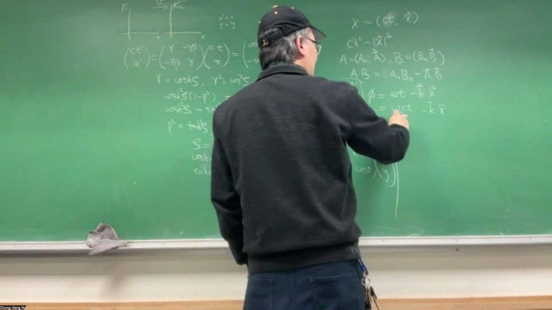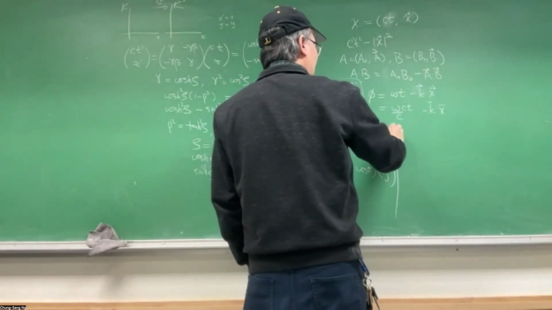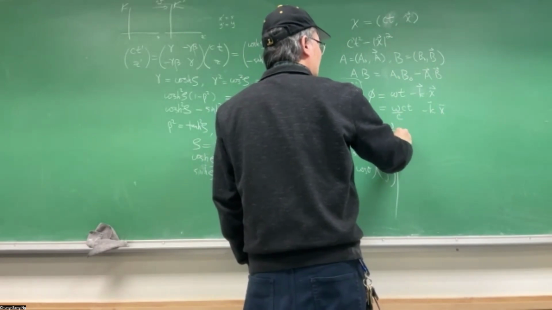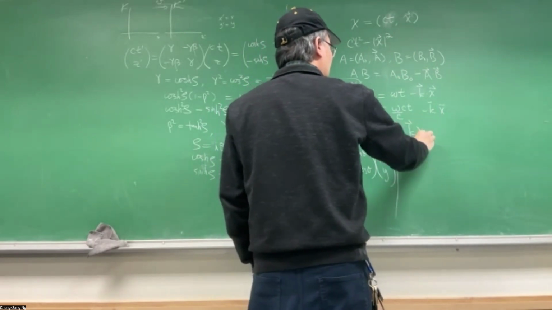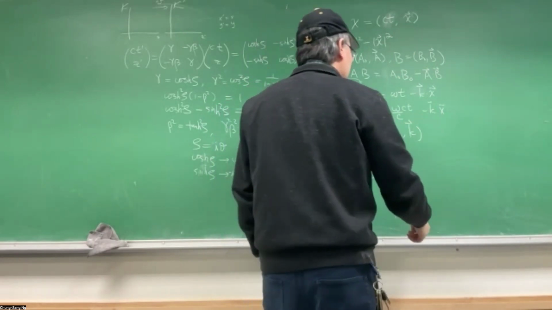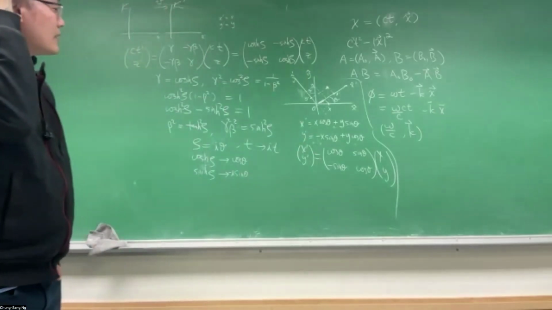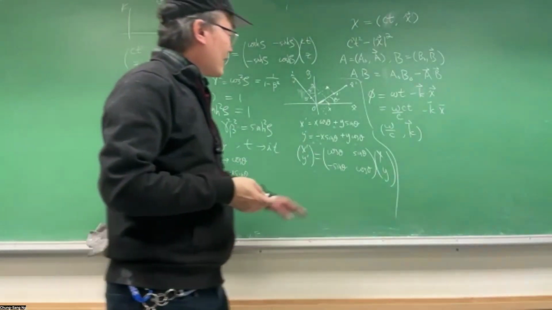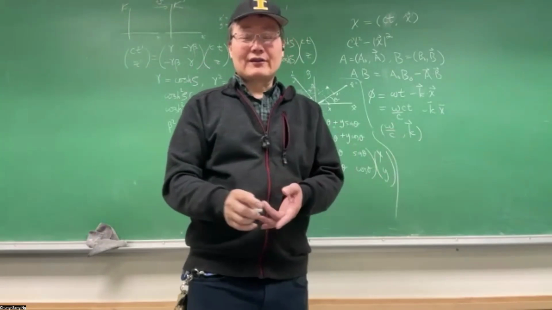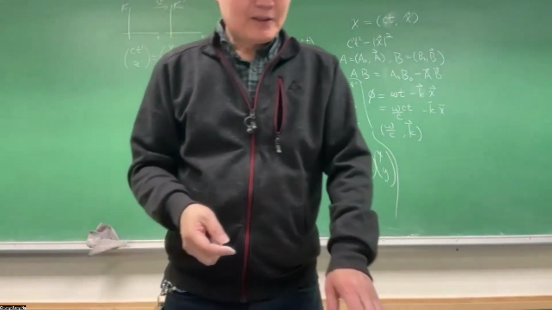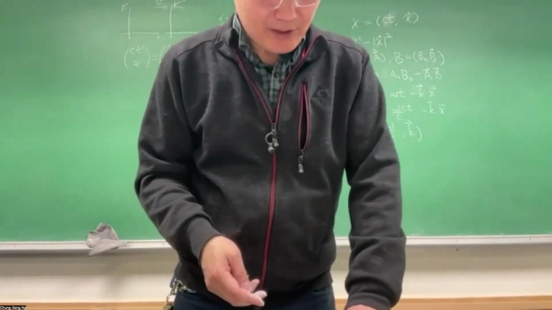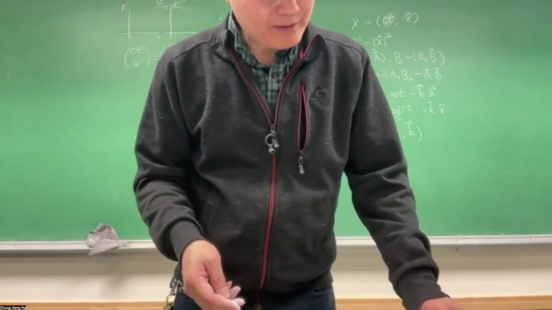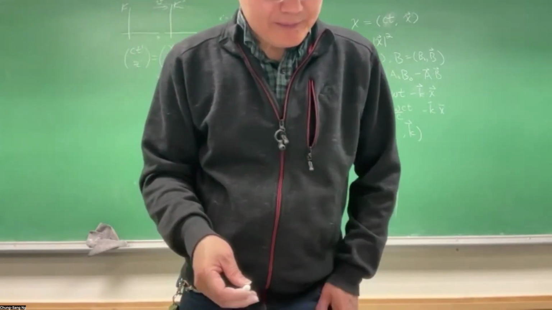So we know that omega over C and k also form a four vector. We can give it a name like the frequency wave number four vector. That's one direct application.